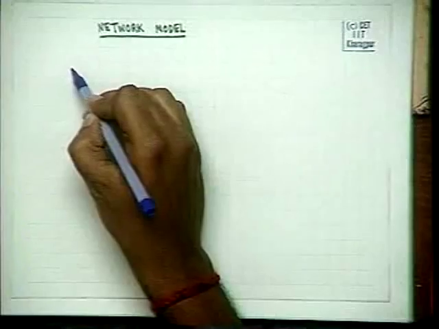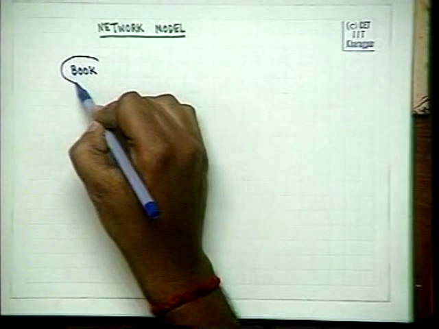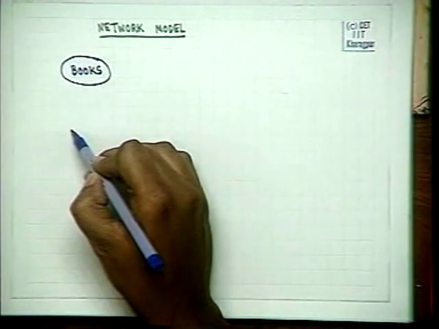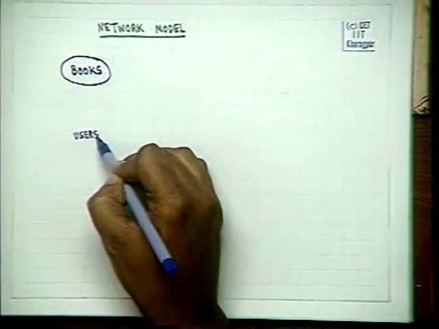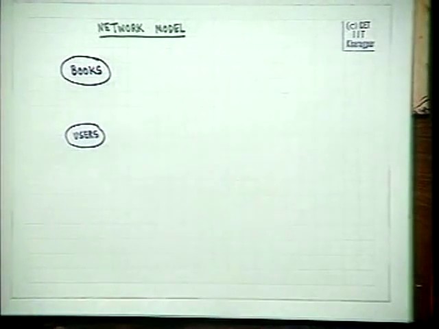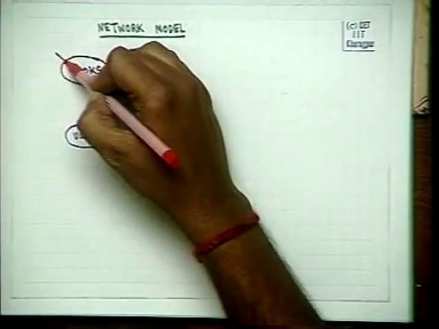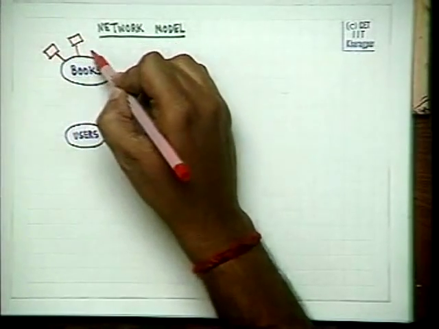In this particular problem, we know that we have got two types of records, books, and another set of records which are called users. The attributes of each of these records, and the fields of the attributes, are known, because we know books will have certain attributes.